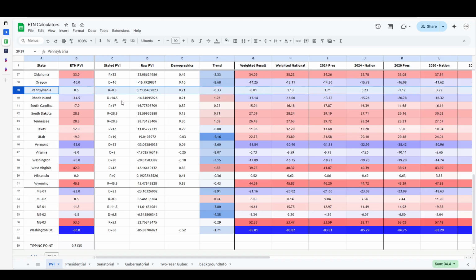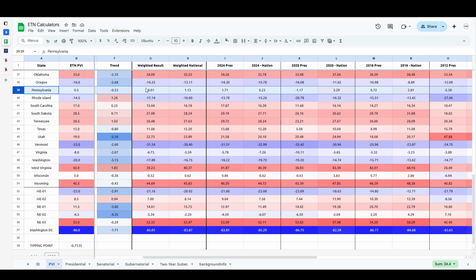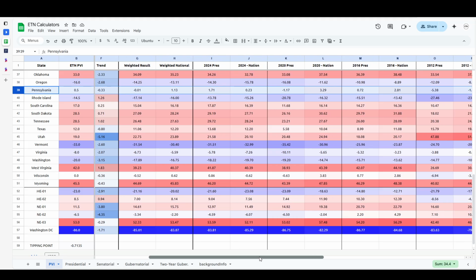But anyway, next up is Pennsylvania. Slightly left trending, but only because that's funny. The weighted result is literally 1/100% for the Democrats. That's only because of this 3.25 to 1/4 of a point to the right of the nation shift right there. But it only voted 1/4 of a point to the right of the nation this time around in 2024.